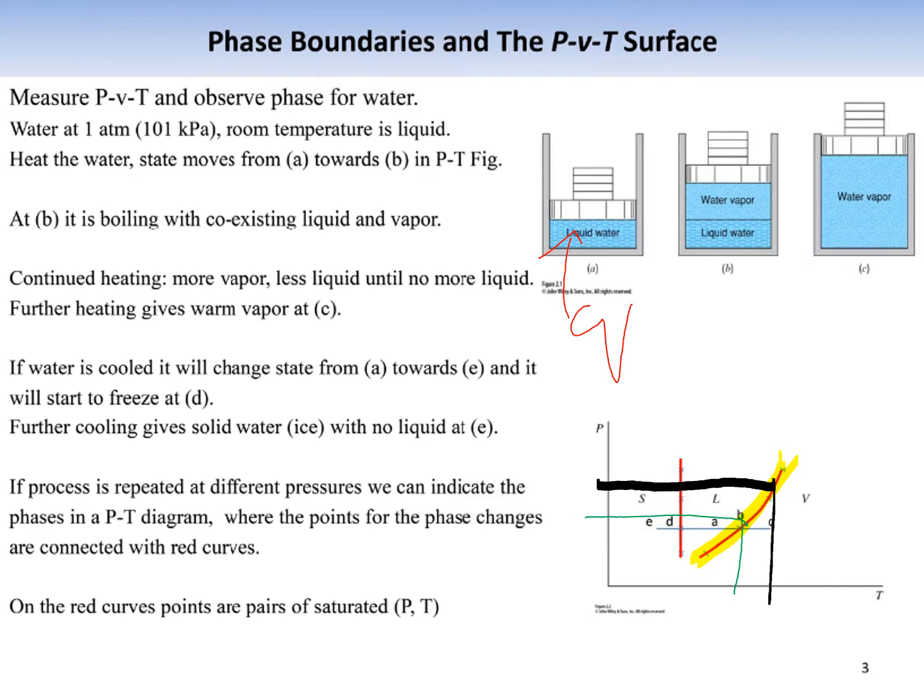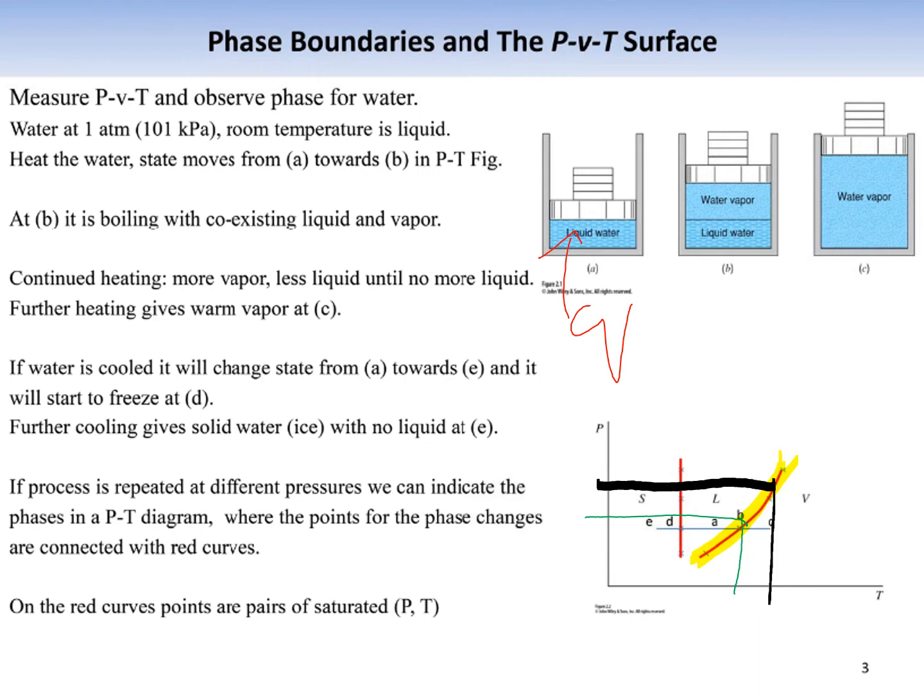For instance, in the first case, we have seen that what will happen if we continue to add heat? What will be the variation of temperature? If we keep the pressure constant, at what temperature will it be boiling? Similarly, if we keep the temperature constant, there must be a pressure at which it will boil.